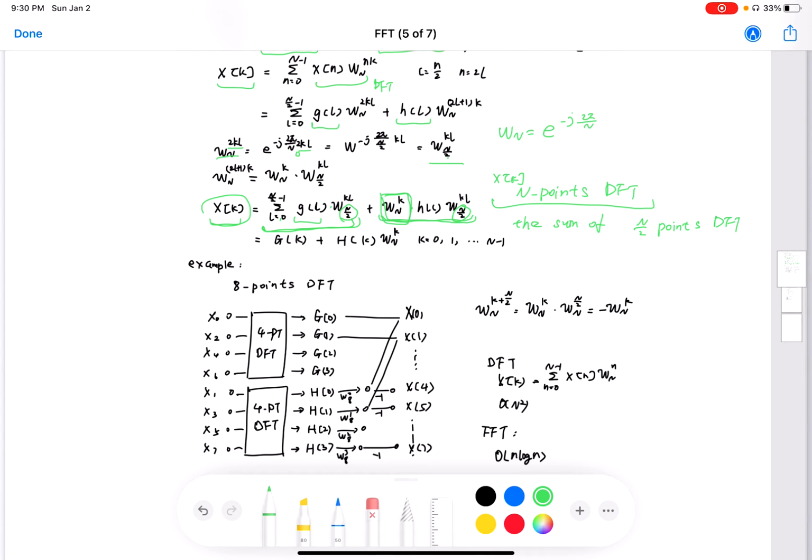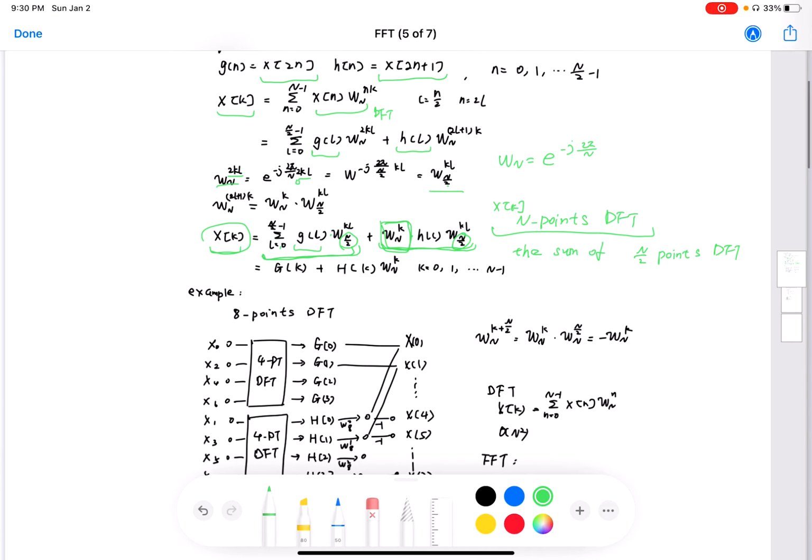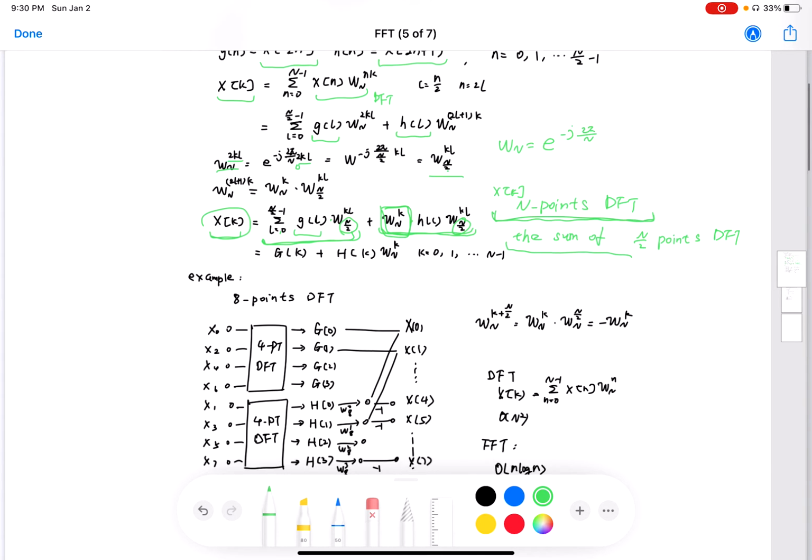So using FFT, we actually convert the N point DFT to the summation of N over 2 point DFTs.